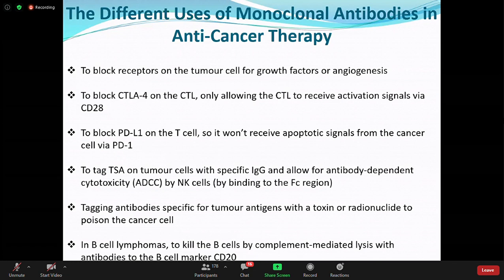So basically, what you can do is to make monoclonal antibodies against various tumor-specific antigens and then tag on the FC region various poisons or radioactive substances, such that when these antibodies bind to these tumor cells and then get internalized, those poisons will kill those tumor cells. And this has some promise, but there's still some problems associated with this mechanism.